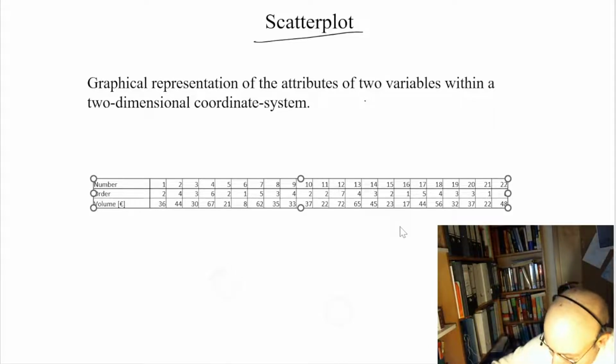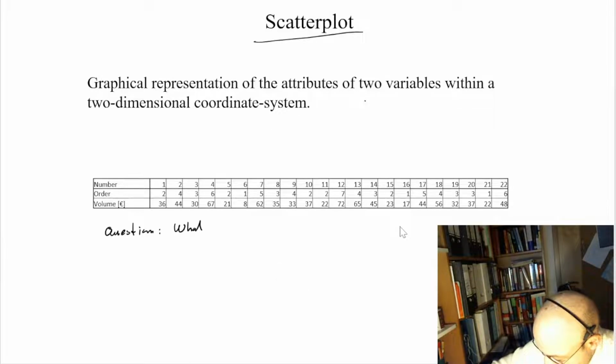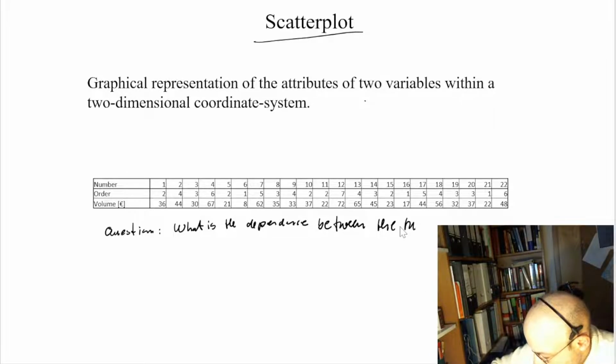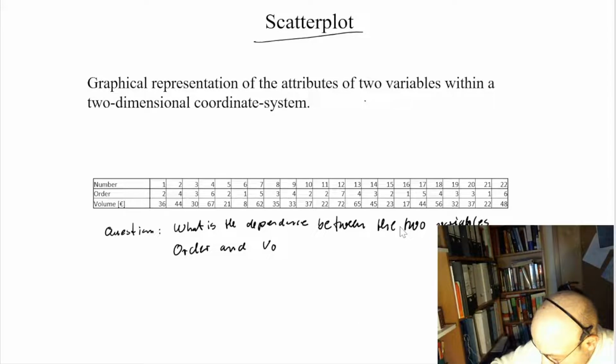So question: what is the dependence between the two variables, order and volume, measured in euros?